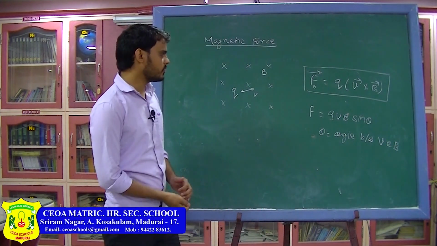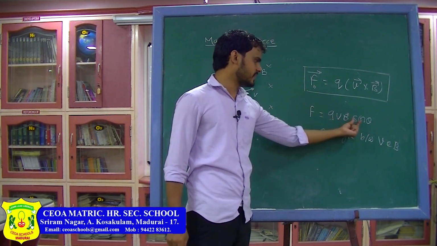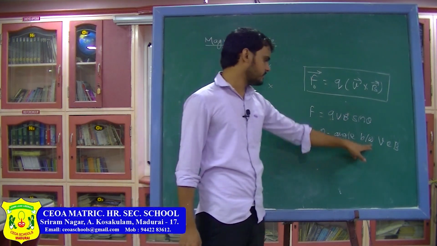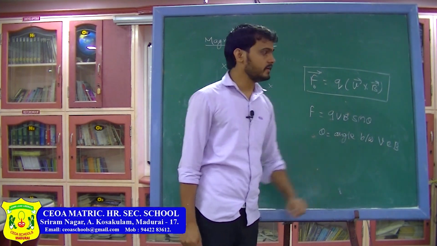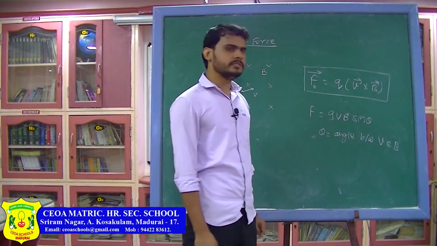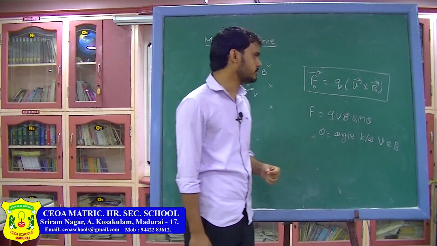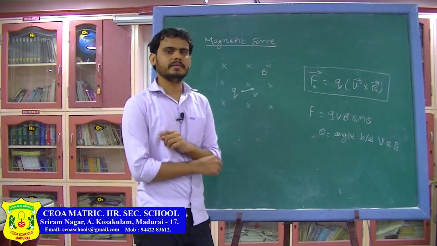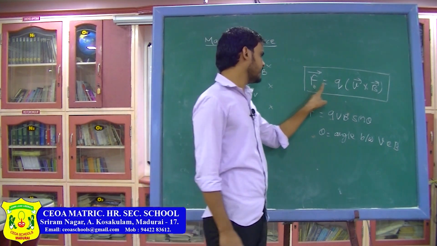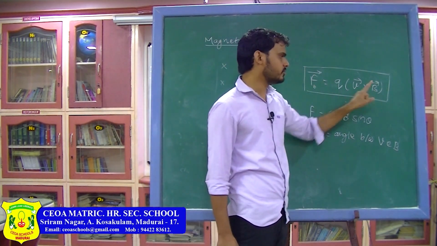The direction of the force you can find by doing the cross product of v and B. Again, I told you that in this chapter you have to practice cross product a lot. So here the direction of force is given by the cross product of v and B.